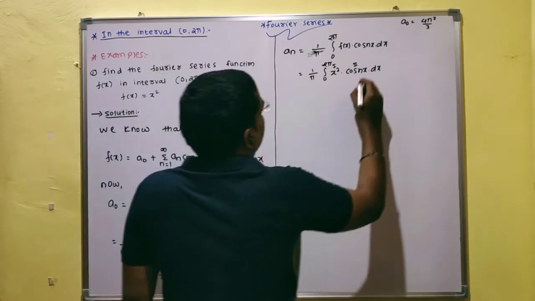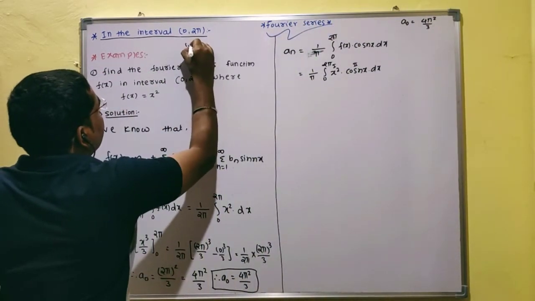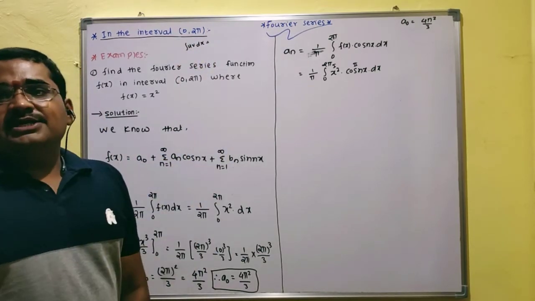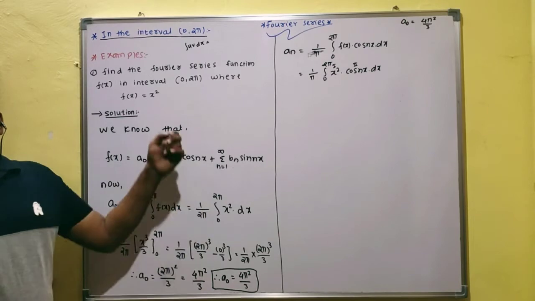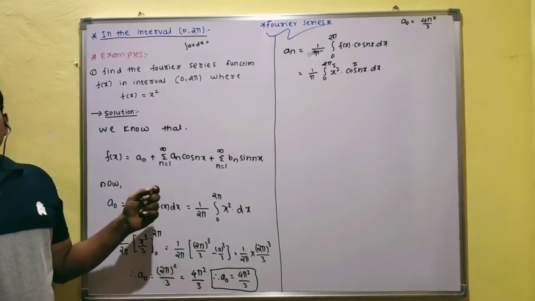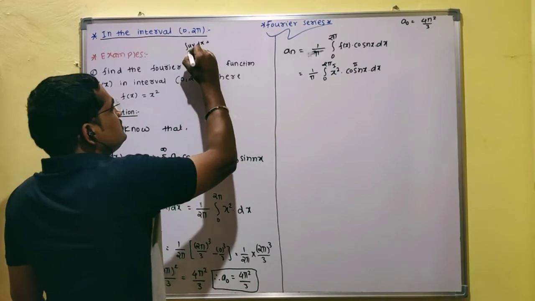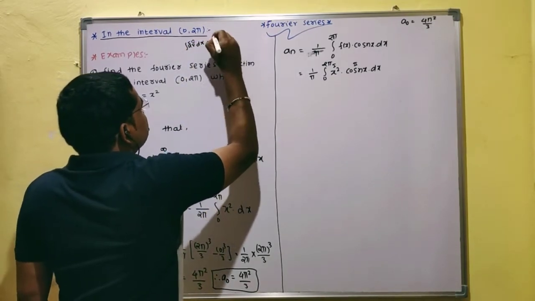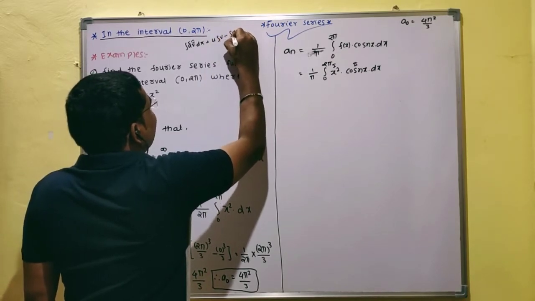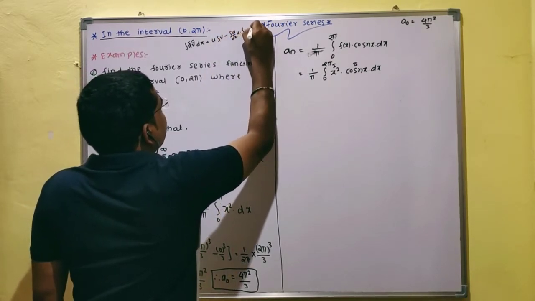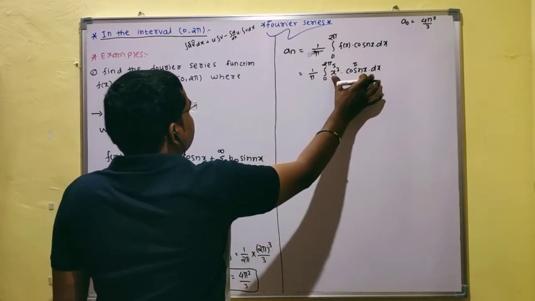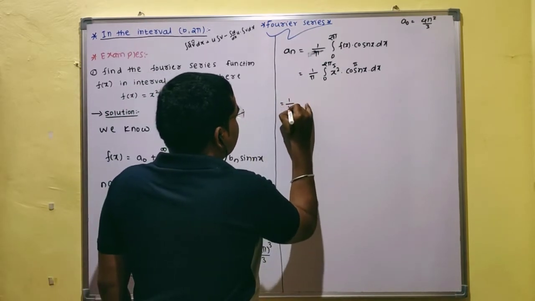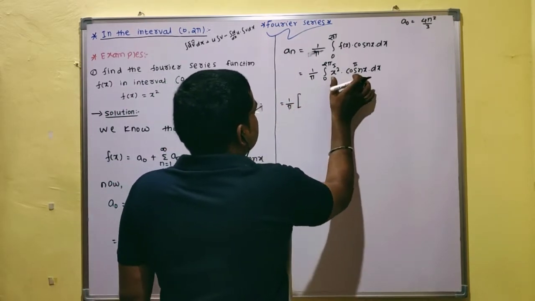By using the formula, integration of u into v into dx is equal to first function as it is times integration of second, minus integration of derivative of first into integration of second. We have to use this formula for finding this integration. This 1 upon pi is a constant, so taking it outside the integration, we apply this formula for the integration.